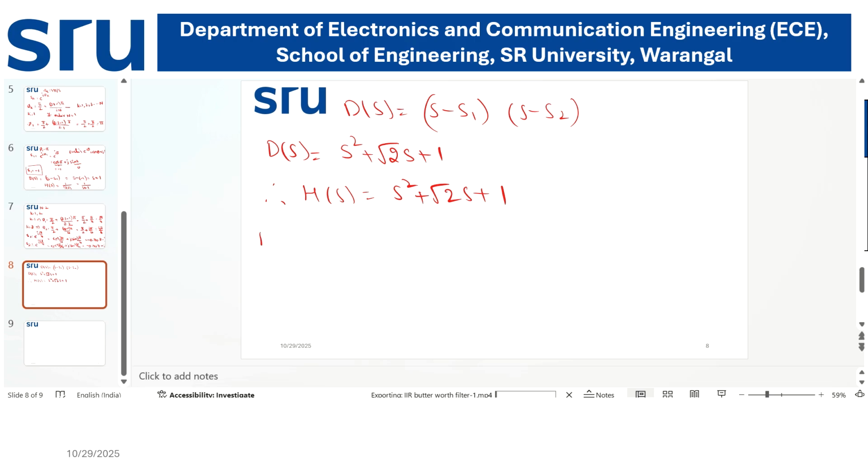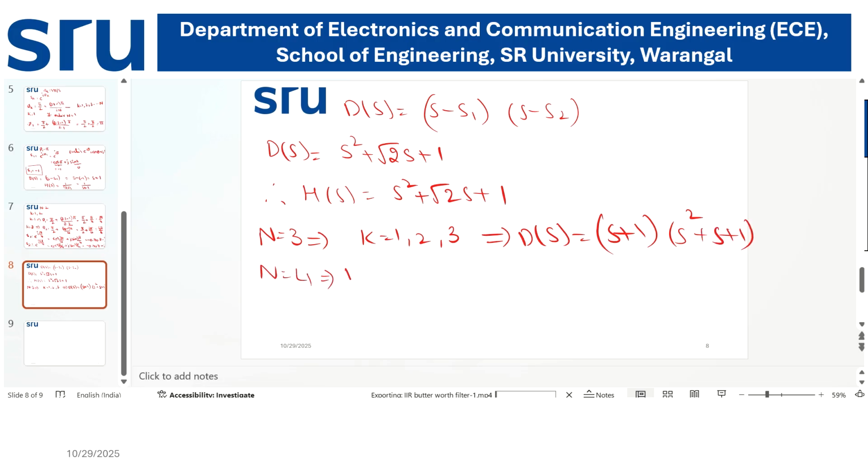Similarly, if n is equal to 3, then k will be 1, 2, 3. If I substitute using the same procedure, the polynomial I will get is (s plus 1) into (s square plus s plus 1). If n is equal to 4, then we have 4 k values. For each and every term you have to substitute the k value and get the equation.